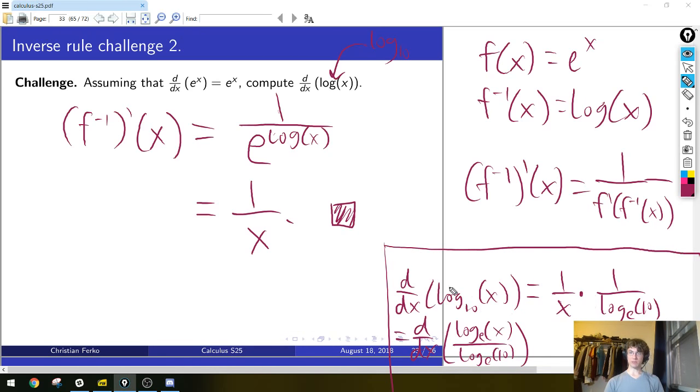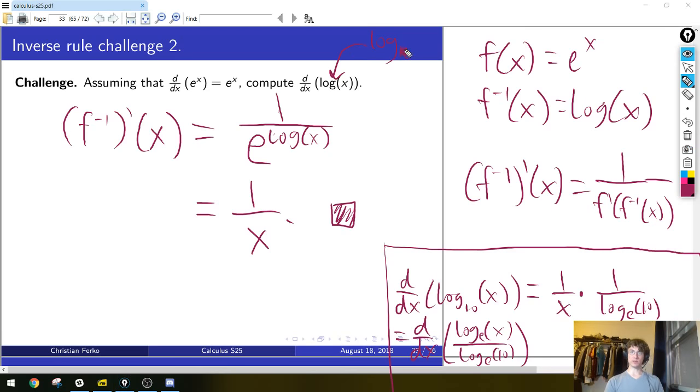But my complaint still goes through. If you think that log base 10 is somehow a natural thing to write, then you are forced to memorize that when you take the derivative of your base 10 log, that derivative is 1 over x times 1 over log base e of 10. So you would say, why does this weird number show up when I differentiate my log? And the answer is because you were being silly by writing log base 10 all along.